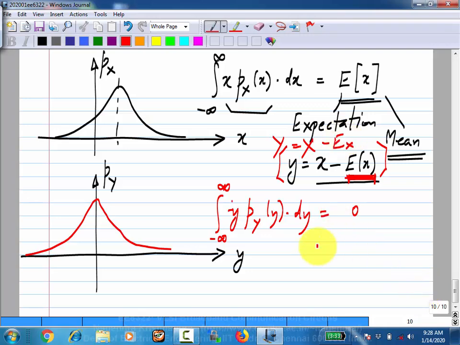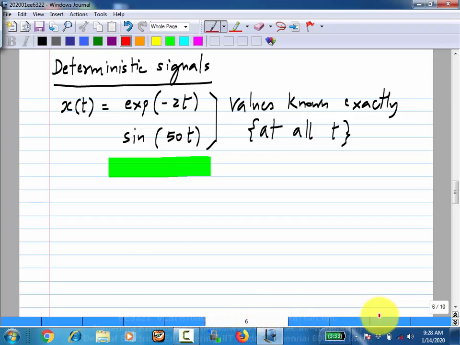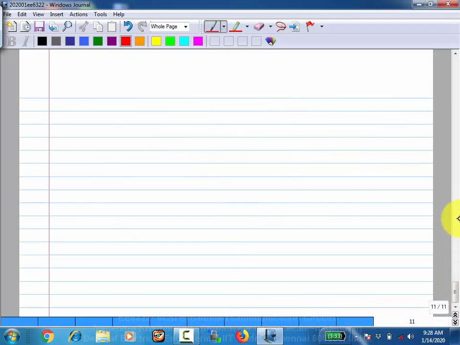So now there are other measures. That is known as the mean, and then you have the variance.